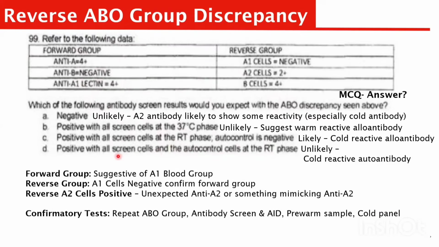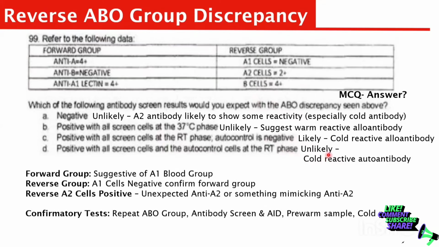They are claiming that it is positive in all screening cells and also positive in the auto control. There's no way the auto control will be positive, because if the auto control is positive, you are invariably saying that this person is actually A2 or has an antibody that is mimicking that very A2. That is very, very unlikely. It cannot be A2. It cannot be antibody A2.